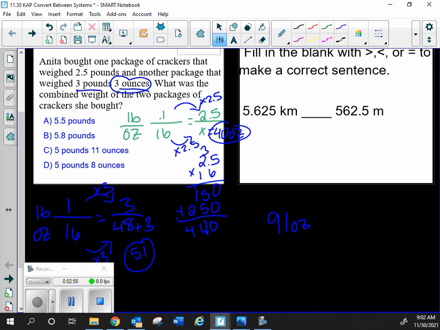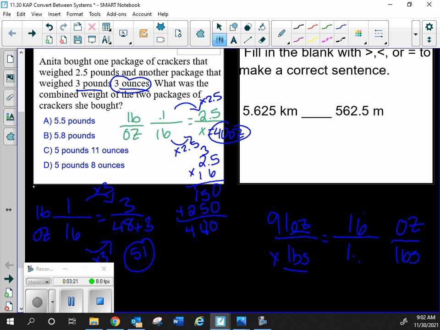And I need to change that back to pounds. How many pounds? Okay. What you can do is set up yet another proportion. How many ounces in pounds? Notice how I have ounces on top and I need to change that to pounds. So what number is going to go over here in the numerator? What's going to be here? 16. And what do I need to do?